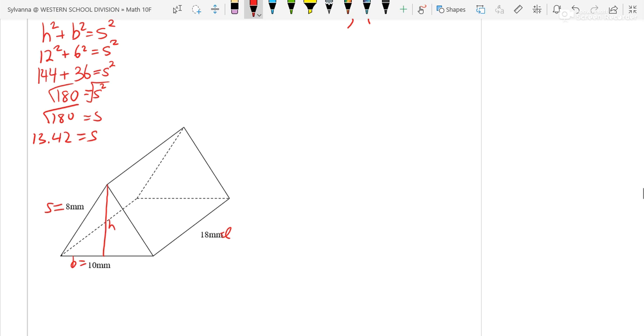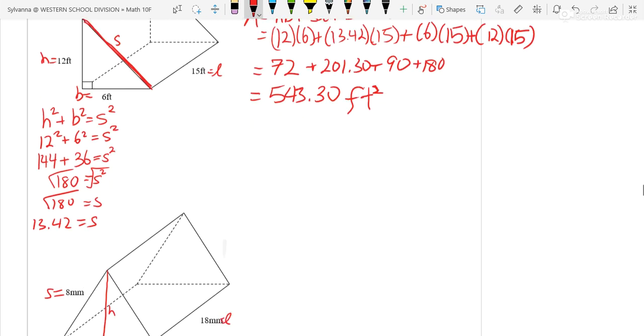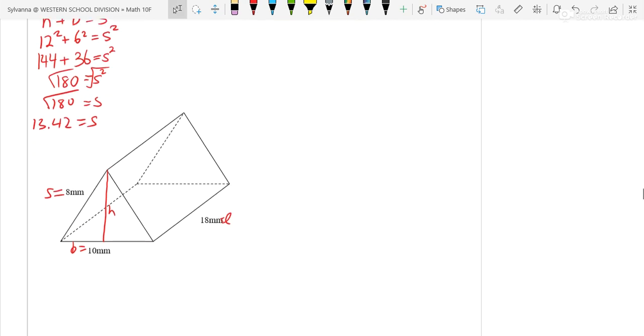This is a different type of formula, because before this had a right triangle. In fact, this is a right triangular prism because it has a right angle. Versus this one down here, this is a triangular prism as well, but it's not a right one.